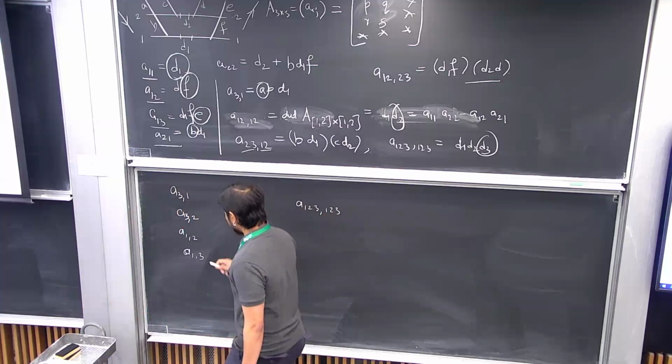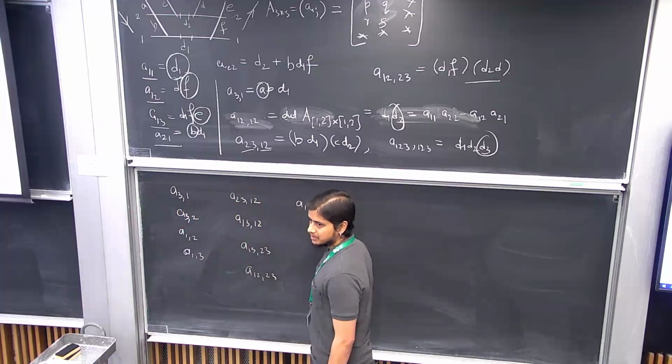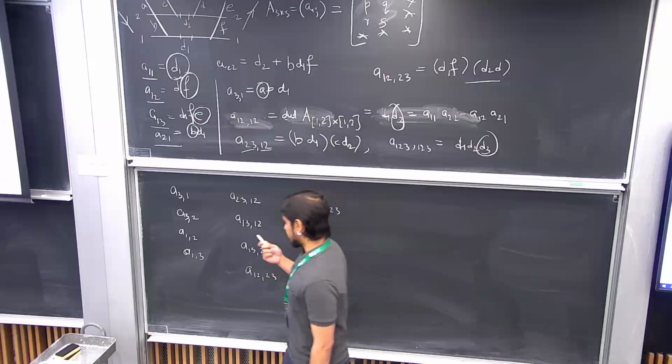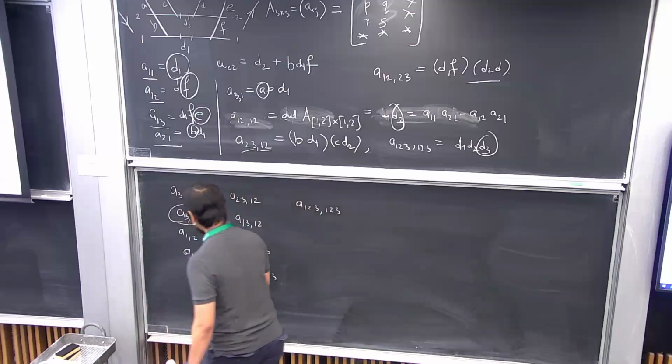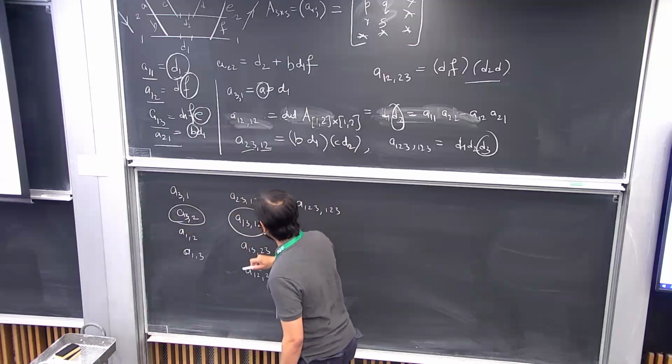Now, if my computation is correct, if these n square minors, these 3 square minors, are positive, then each of the parameters is going to be positive. But some of the minors that we have here are not initial.